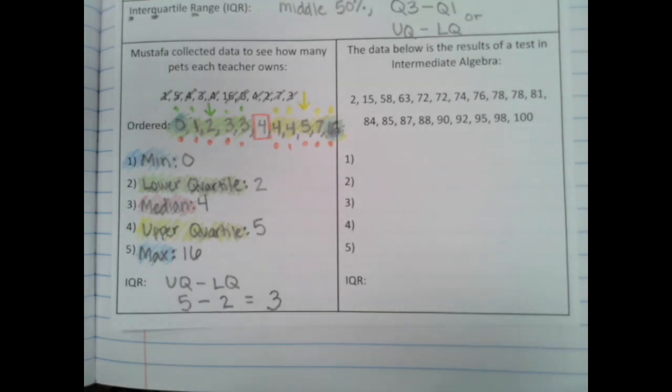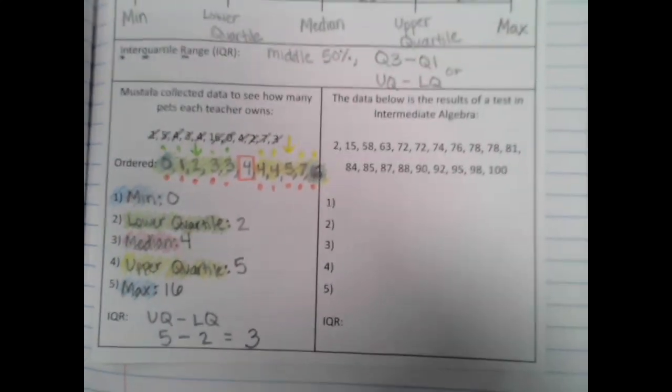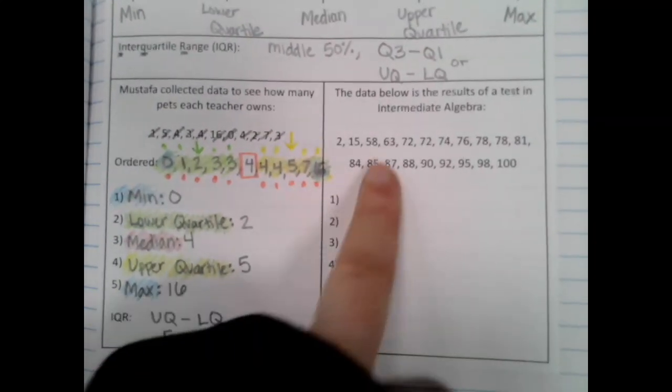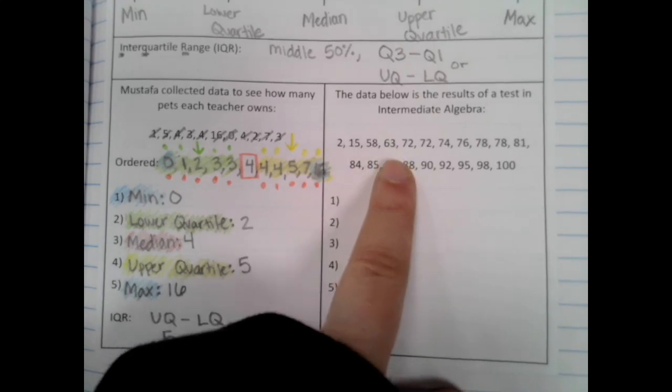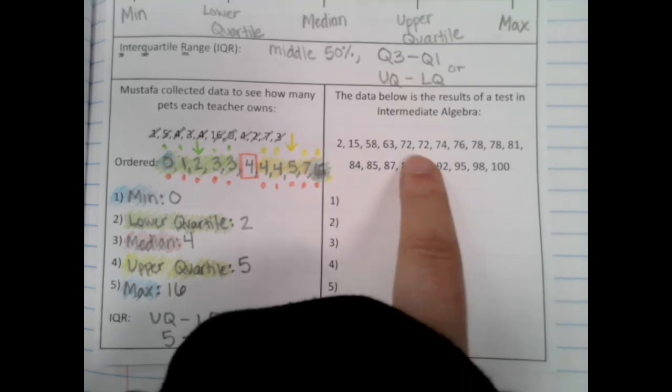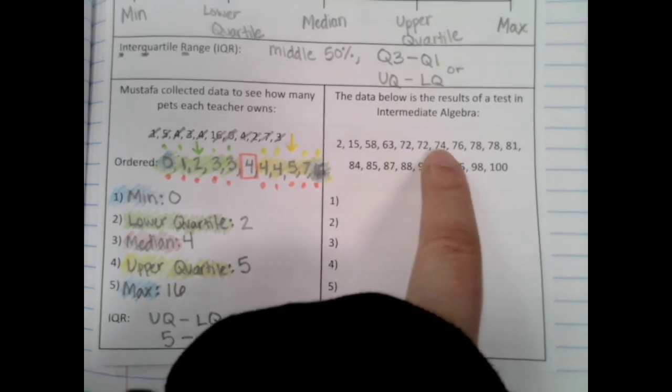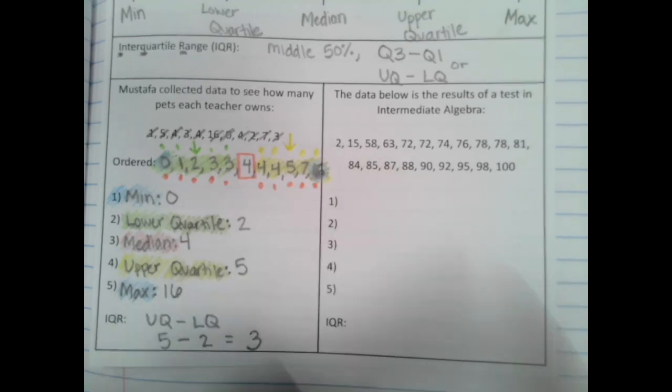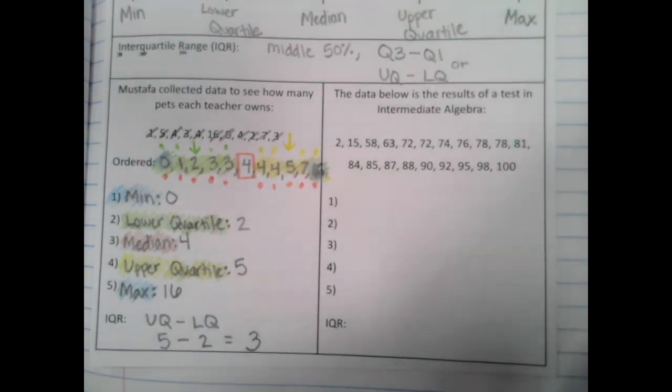Most people passed the test? Yeah, most people got above a 60. Good. What's the most common letter that happened? A, B, C, or D? C. Yeah, it looked like C's happened most. 1, 2, 3, 4, 5, 6 C's. 1, 2, 3, 4, 5 B's. Yeah, so C was most often.